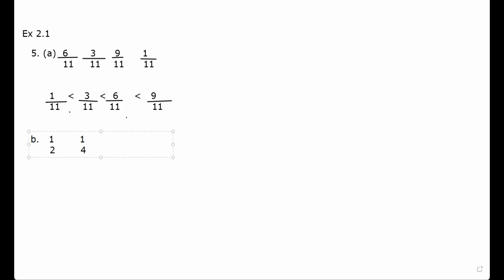The next is 2 by 5. Actually, these numbers are in whole number and fraction form. So just let me complete this.